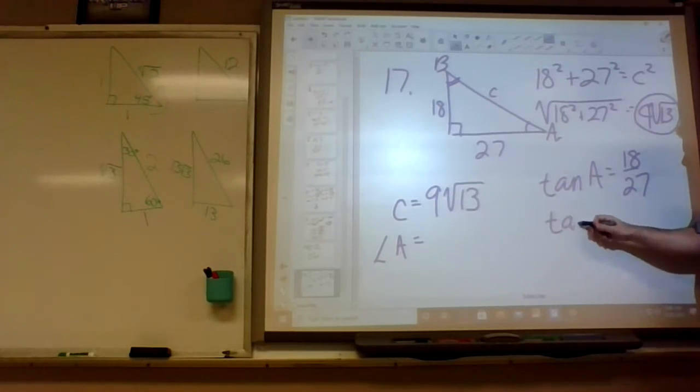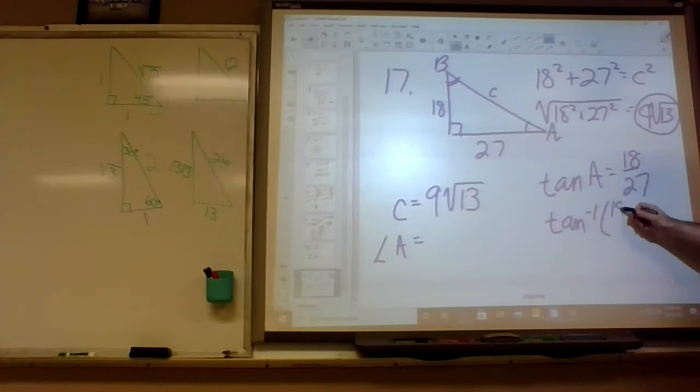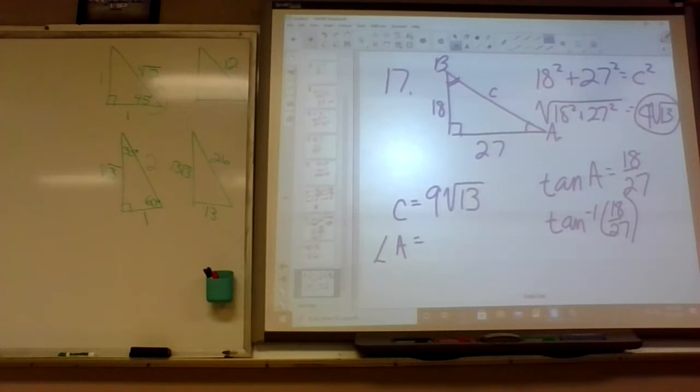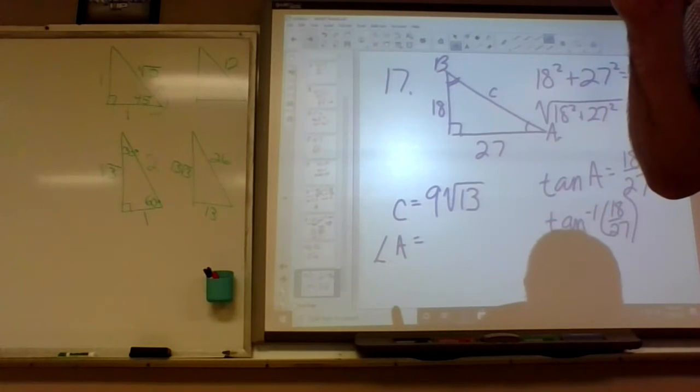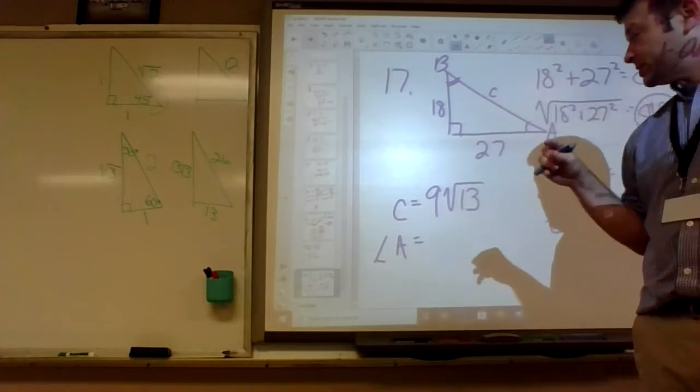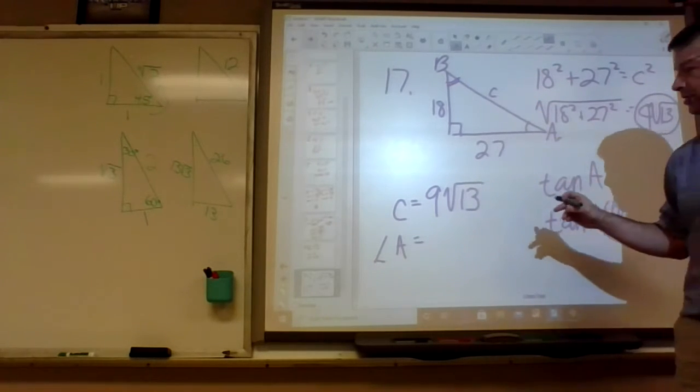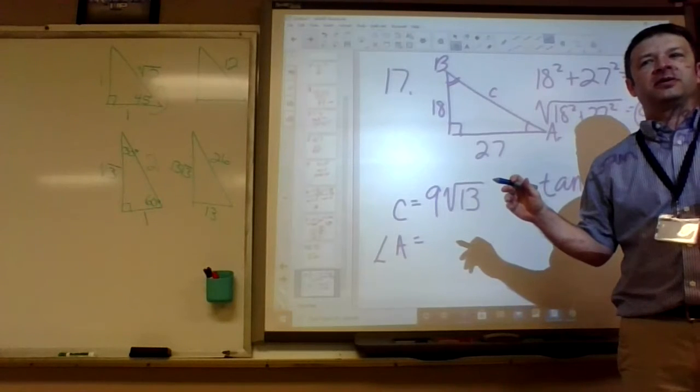Tangent inverse of 18 over 27. Anytime you're doing a trig to find an angle, you're going to be using the inverse functions. And I guess we're still doing 4 decimal places. No, never mind, this is an angle. They rounded to the nearest degree, so what'd you guys get for that one? Should round up to 34.